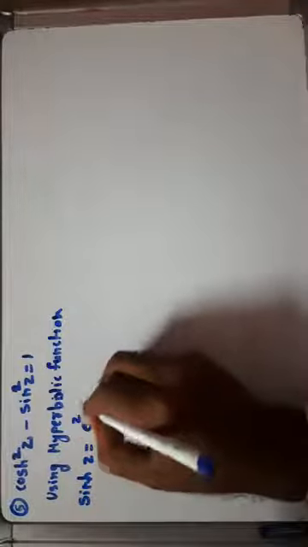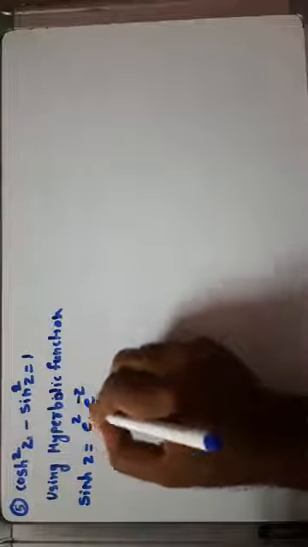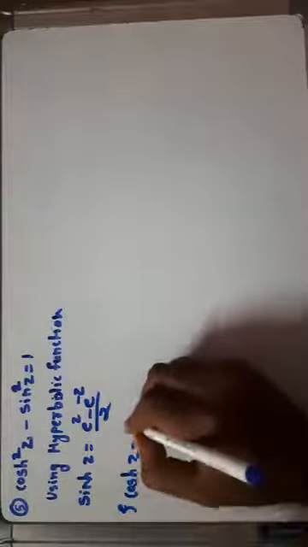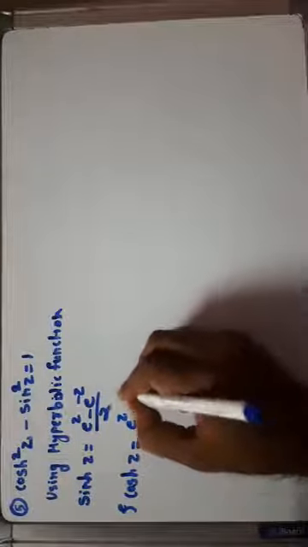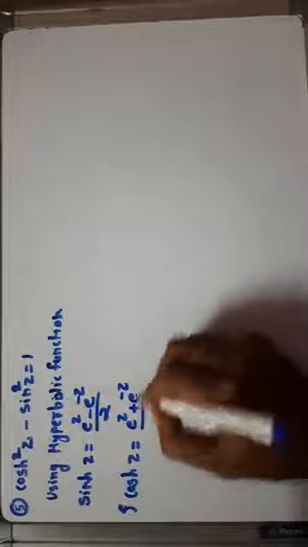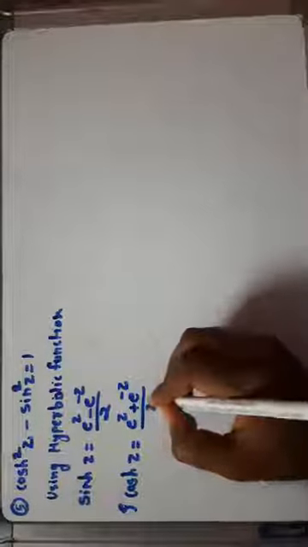Which hyperbolic function? sinh z is equal to e raised to z minus e raised to minus z divided by 2, and cosh z is equal to e raised to z plus e raised to minus z divided by 2, right?